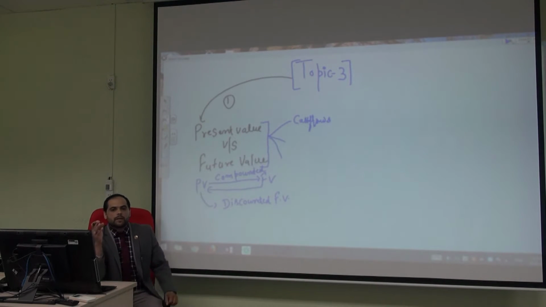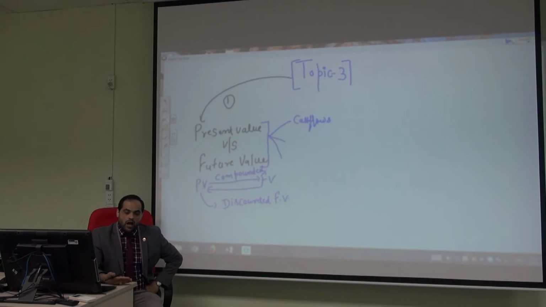Cash flow is an amount of money that could be in or out, depending upon your transactions. If you are investing, of course initially you're going to have cash outflows, or if you are borrowing, initially you're going to have cash inflows. So cash flow is the value that we use to estimate present value or future value.